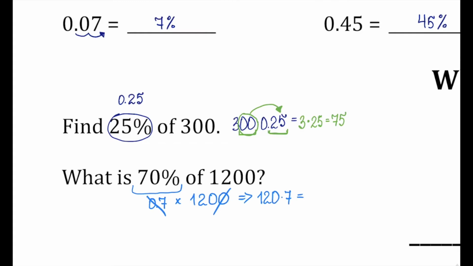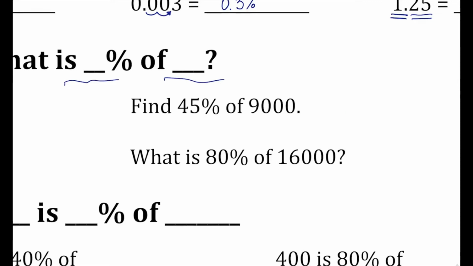Now this would give me 700, this would give me 140, so it's going to be 700 plus 140, that's 840. So 70% of 1200 is 840.